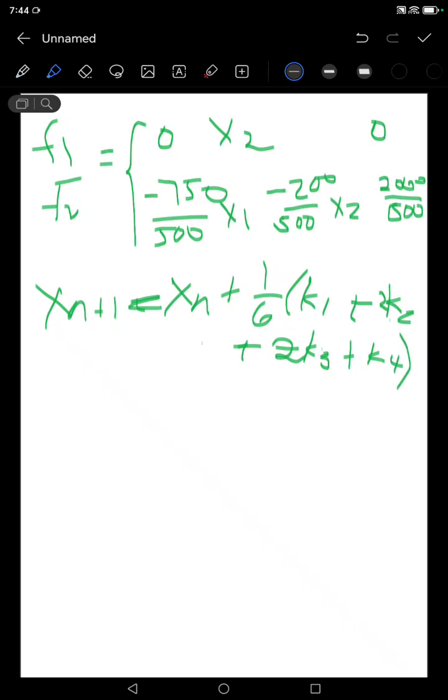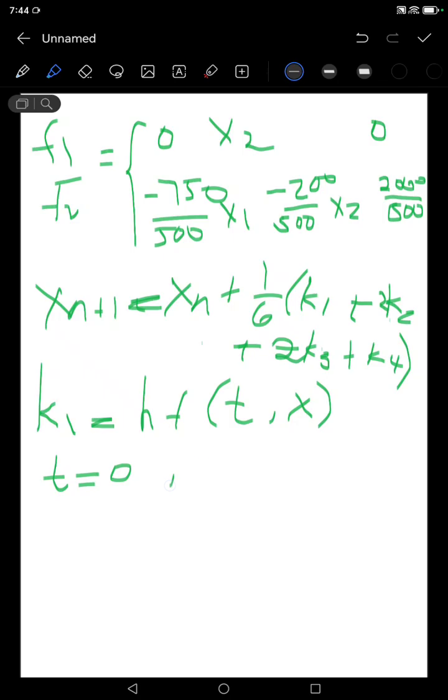So here we're going to have k1. We're going to start by calculating k1. Okay, k1 is equal to what? h f of (t, x). Okay, and remember the t is time, so we're going to start at t equals 0 and then at x equals 0. Okay, that's where we're going to start. So this x is the initial condition.